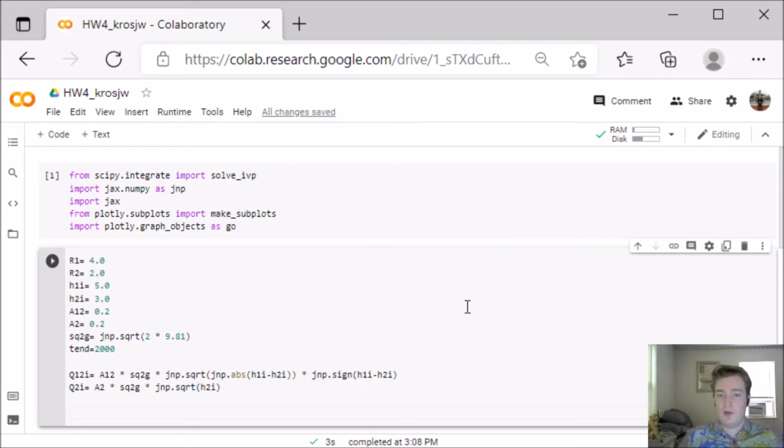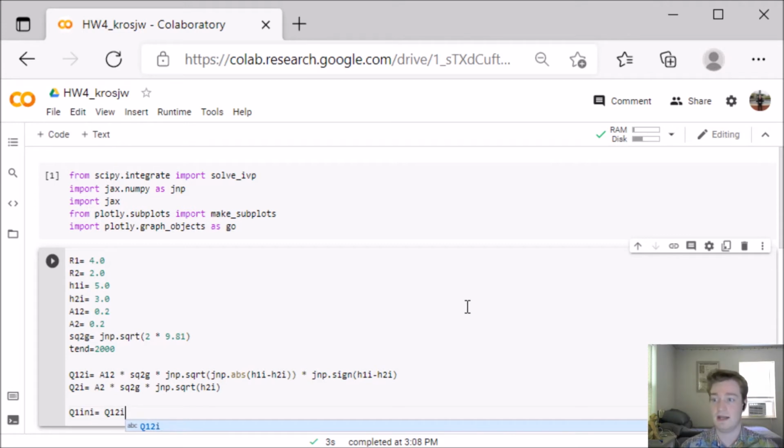And then finally we had some volume balance. So we had Q1 in initial, so that was the flow rate of the inlet of the first tank. And we said that equals Q2 initial at a steady state.